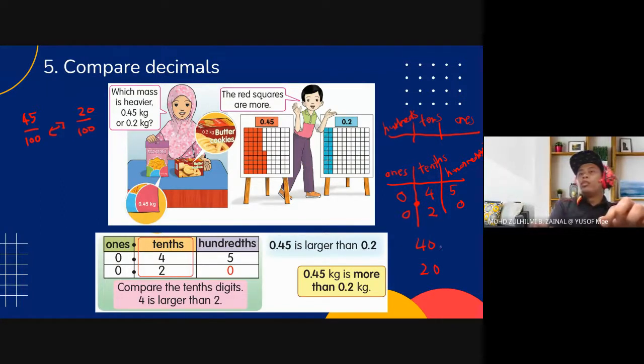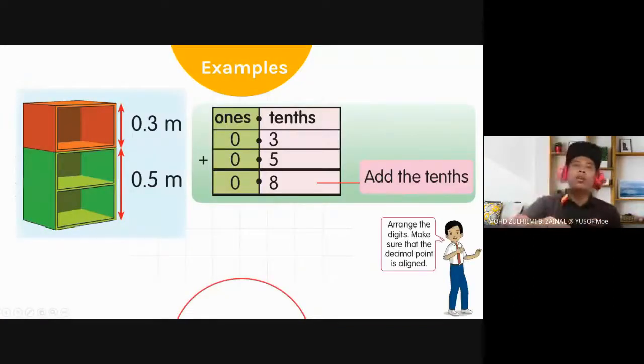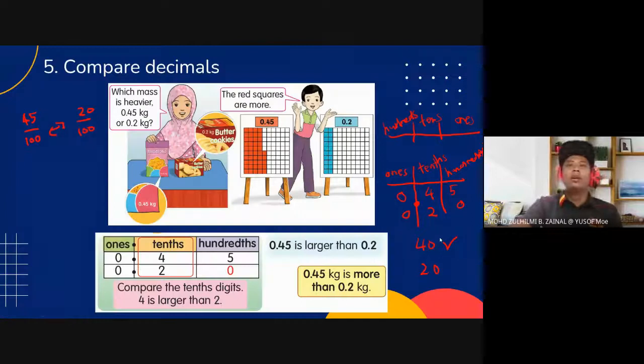So you can see 40 is bigger than 20. That's all. Itu je. Kalau example dia cikgu bagi lagi. Example lain contoh 0.3, 0.03. Kalau macam ni macam mana? So what should you do? Buat line.